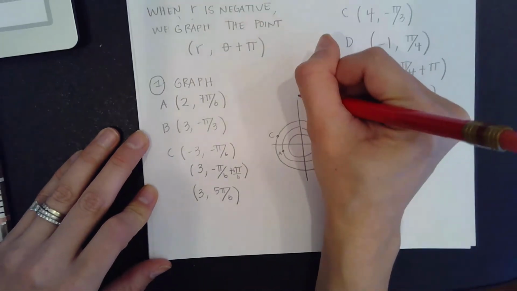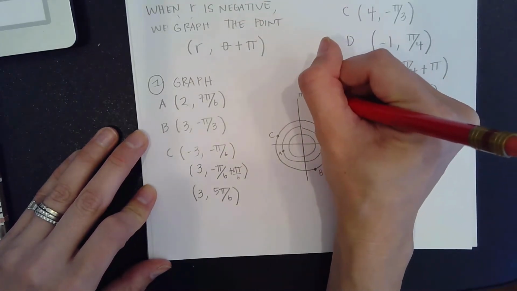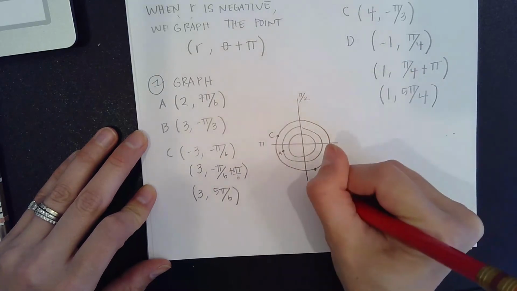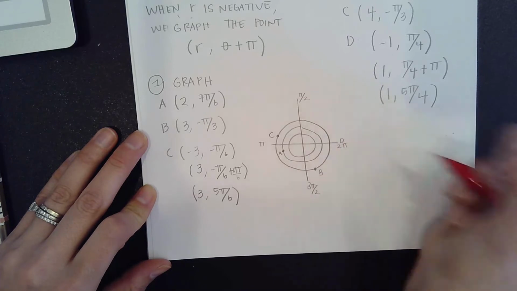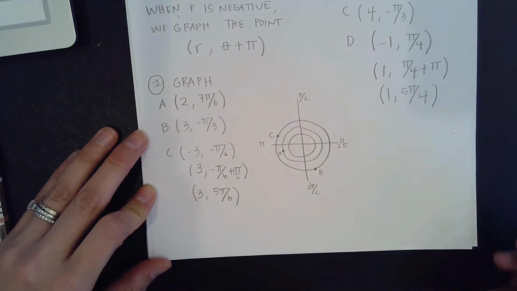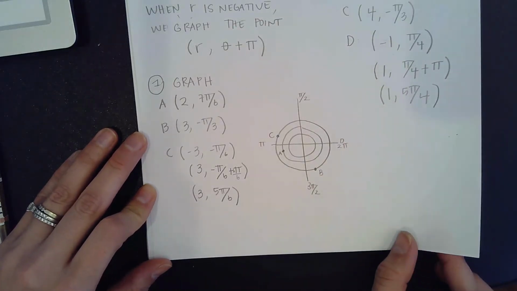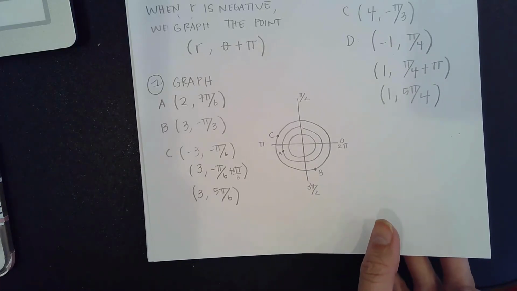Remember, this is 0, pi over 2, pi, 3 pi over 2, and then back up to 2 pi.